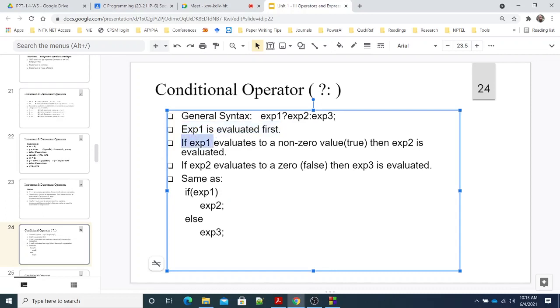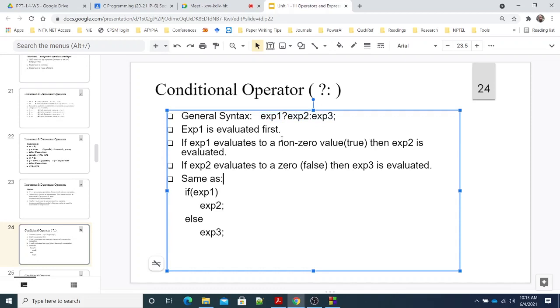Now if expression 1 evaluates to a non-zero value or true, non-zero value is treated as true, I already told. So if expression 1 is true, then expression 2 will be executed, but not 3. And in the other case, if expression 1 is false, expression 2 will not be executed, expression 3 will be executed.